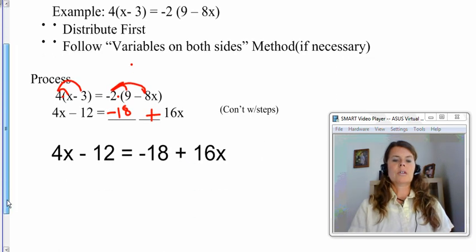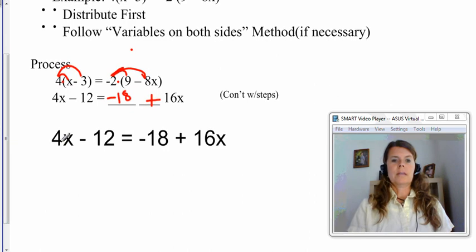Now you just follow the example in the last one. Let's practice that one more time. We're going to move the smallest coefficient on the x. Coefficient is the number with the x, just to do some vocabulary practice.